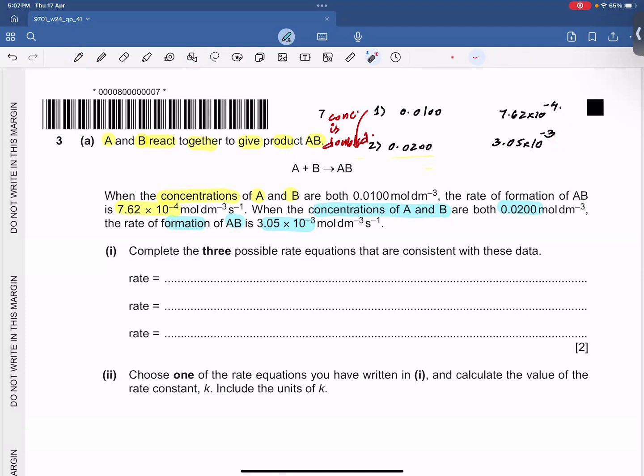Rate is not doubling. 7.6 to exponent minus 4 into 3. Rate is not tripling. 7.6 to exponent minus 4 into 4. Exactly. So going from here to here, the rate is 4-fold.